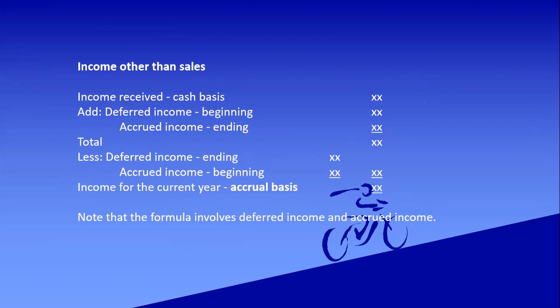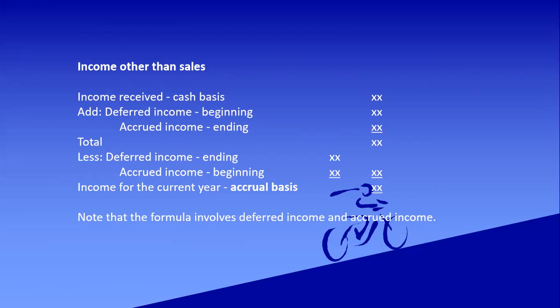So just try to take note that deferred income, we are referring to income pre-collected or collected in advance. It's the reverse of accrued income. So that's why we add deferred income beginning and add accrued income ending.